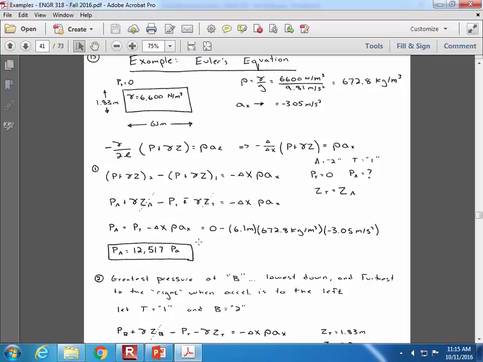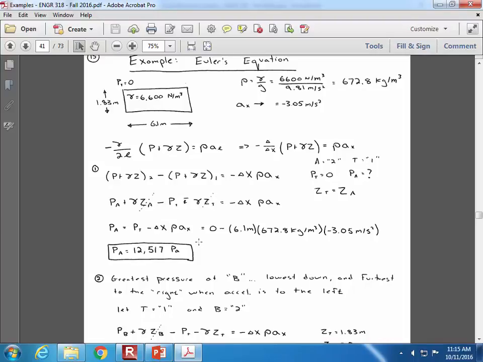Later I have an example for you where a container like this is actually simultaneously accelerating in 2 directions. And so I'll show you how to handle it when it's accelerating to the right and also downward. So I think you'll get a better feel for what the rules are there.